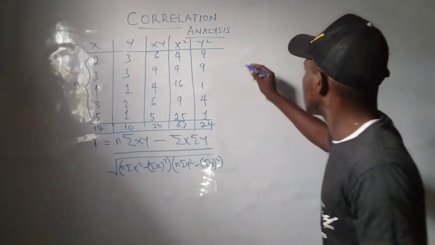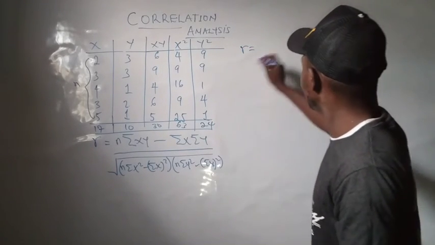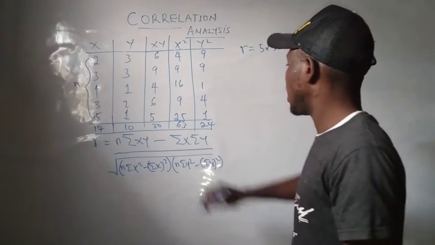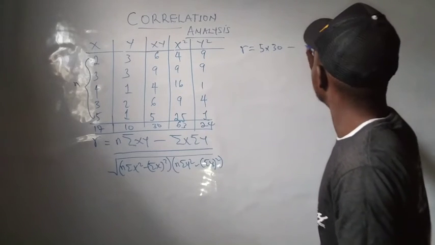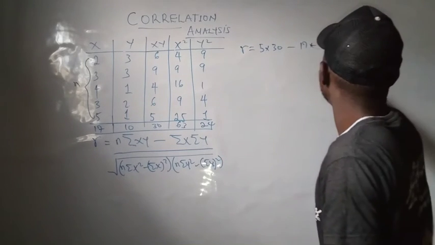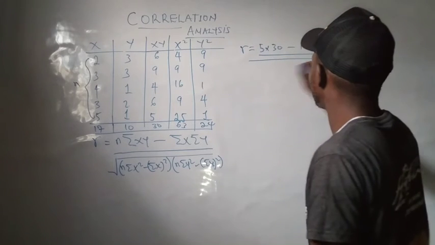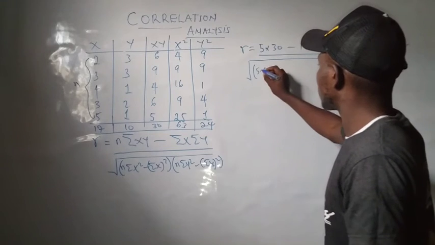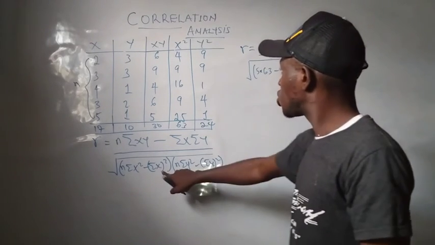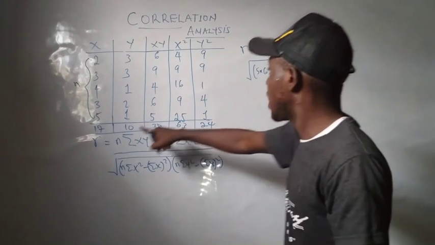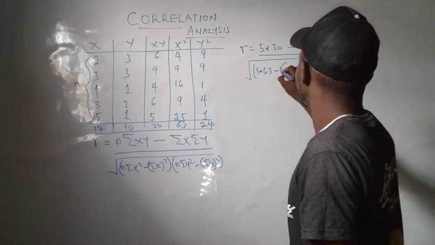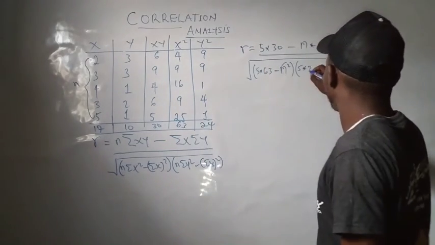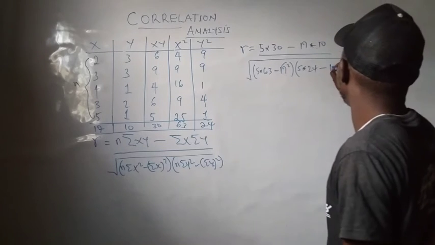So because of that, we can just simply compute our r to be: 5 times the summation xy, which is 30, minus summation x, which gives you 17, times summation y, which gives you 10, all over the very big square root of 5 times your summation x squared, which is 63, minus summation x, which is 17 squared, close the bracket, then 5 times summation y squared, which gives me 24, minus summation y, which is 10 squared.